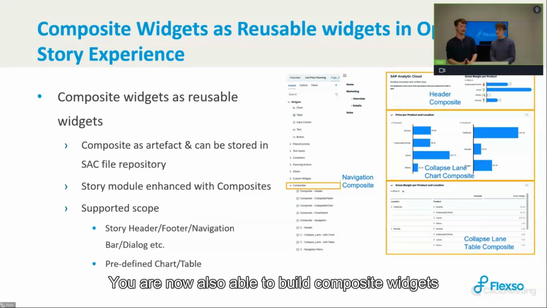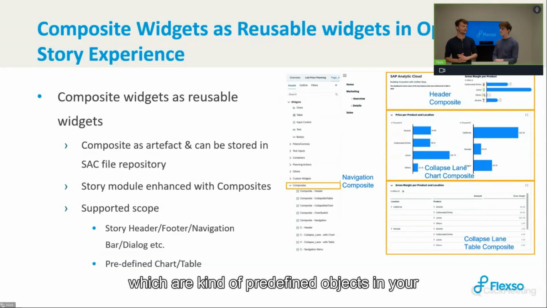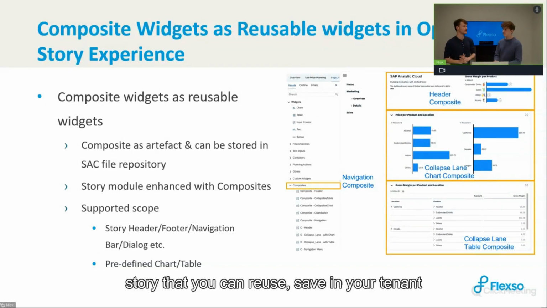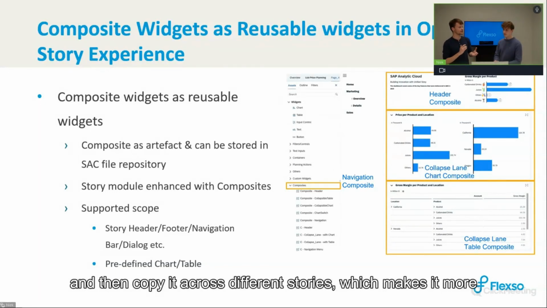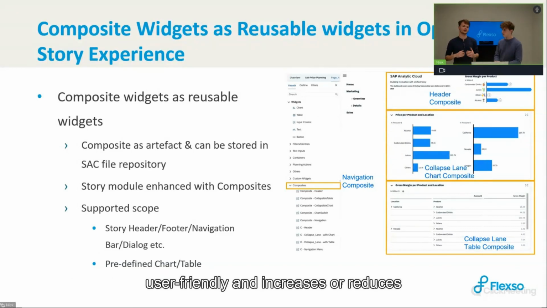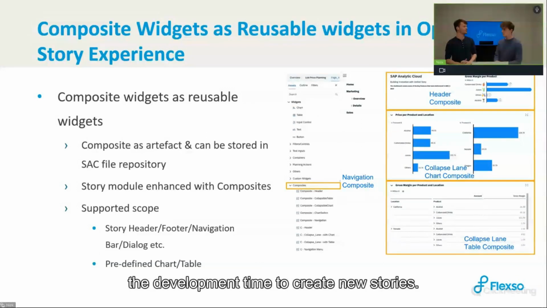You're now also able to build composite widgets, which are kind of predefined objects in your story, which you can reuse, save in your tenant, and then copy it across different stories, which makes it more user-friendly and reduces the development time to create new stories.